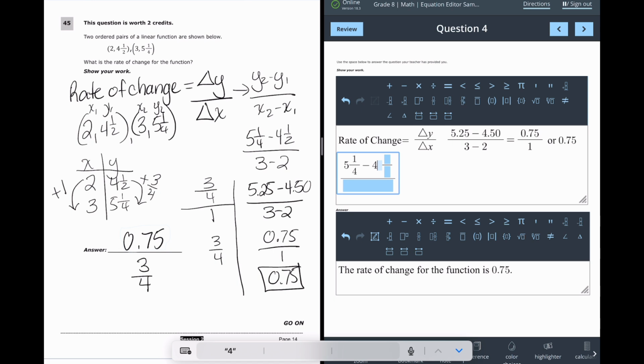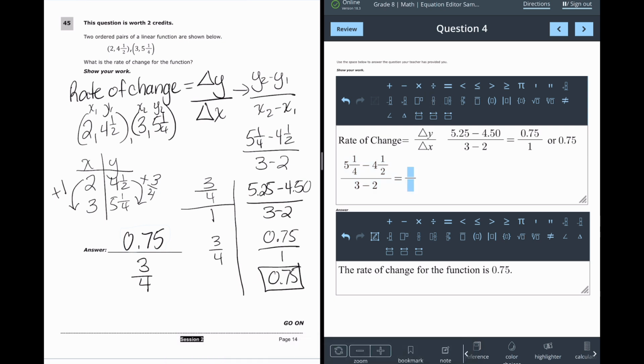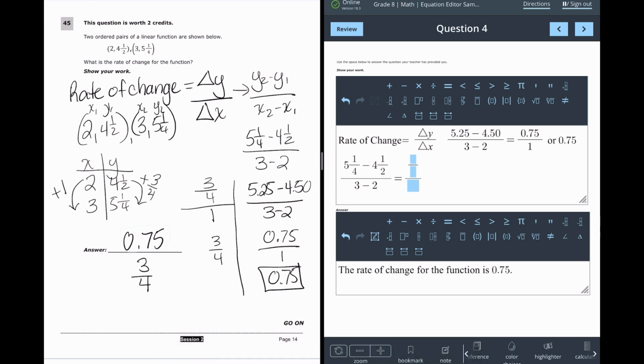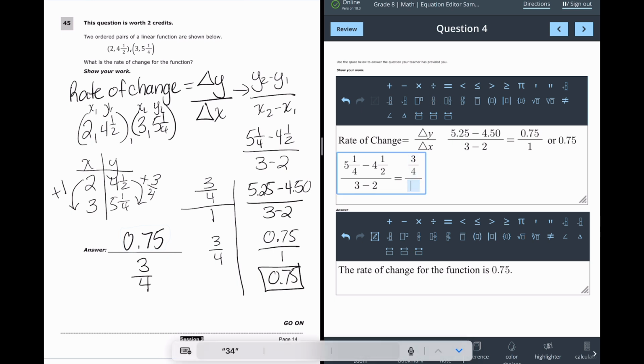So I just wanted you to know that as well, that you can do this if you wanted to, and then say this is equal to, and then you would have the same fraction again, but here, what is my fractional amount? 3/4 over 1, or 3/4, or 0.75.